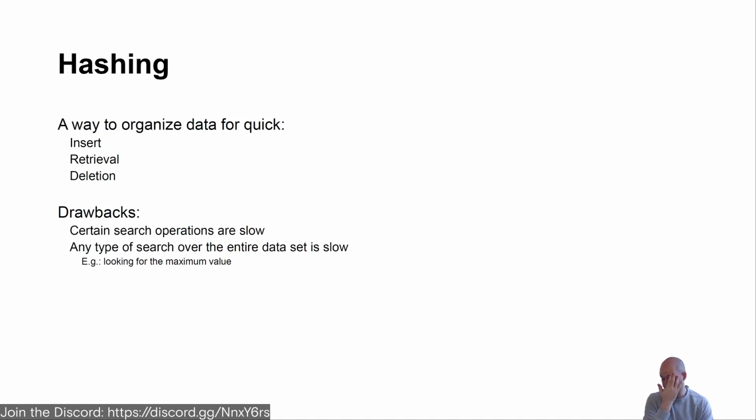Now, there are downsides; there are pros and cons. Sometimes these operations can be slow, and we'll talk about why that may be. And say I'm trying to look for a specific user ID without knowing the respective username. Now I have to search through every single one. Well, that's pretty slow too. So this does not give us ordering.